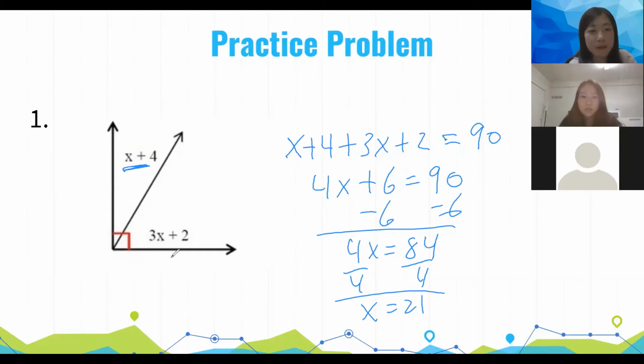Can you tell me the measure of the angle for this one?